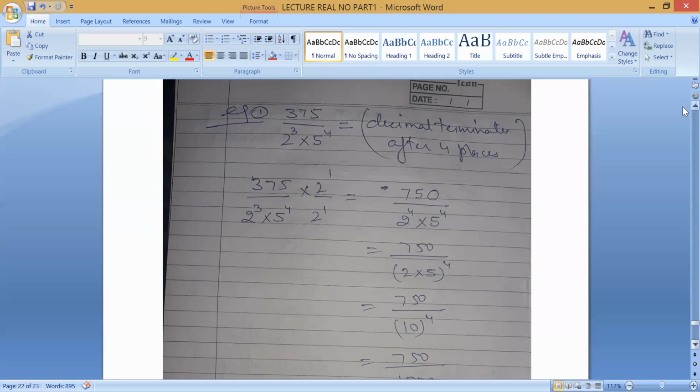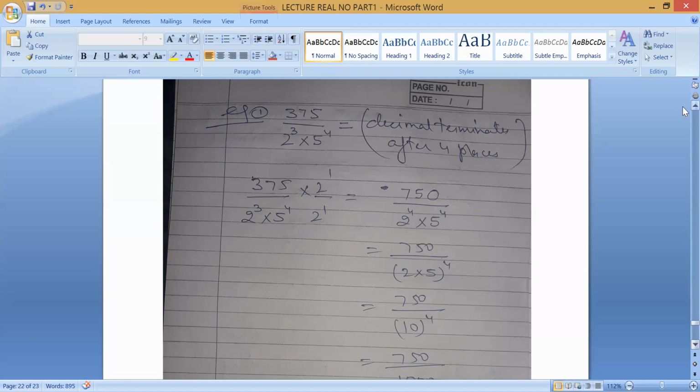So 375 into 2, you will get 750. Now 2 to the power 3 into 2 to the power 1, you will get 2 to the power 4, and 5 to the power 4 is there. And the power is same.